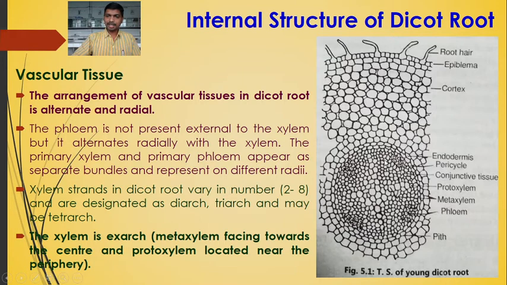So both xylem and phloem are not present in the same vascular bundle. They are present in different vascular bundles. The arrangement is alternate. After xylem there is phloem, again xylem, then phloem. Such a type of arrangement of the vascular bundle is alternate.